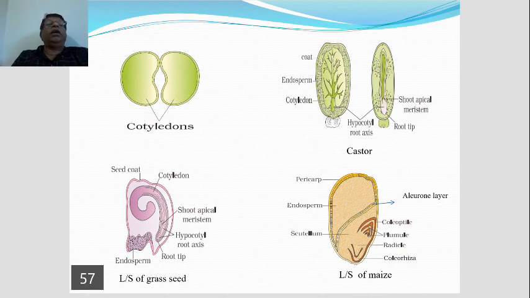Endosperm is in large amount. See the diagram. And there is a layer. If you examine carefully, there we come across a layer of tissue. That is nothing but aleurone layer, which is rich in protein. That's all about the maize embryo.